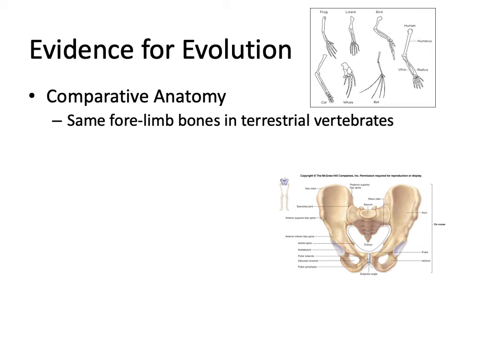They have an upper arm bone, the humerus. Then they have two lower arm bones, the radius and the ulna. Then they have a bunch of little bones, the carpals. And then some longer bones at the end, the metacarpals and phalanges.